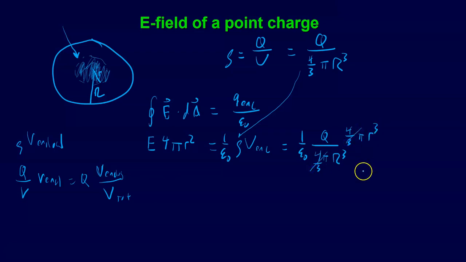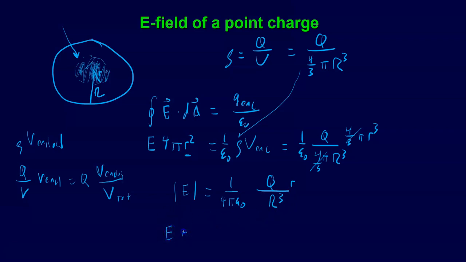Then if I divide by all this stuff, my equation for E will be 1 over 4 pi epsilon naught Q. If I cancel everything out because there's this factor of r squared here, there'll be r upstairs and then a capital R cubed on the bottom.